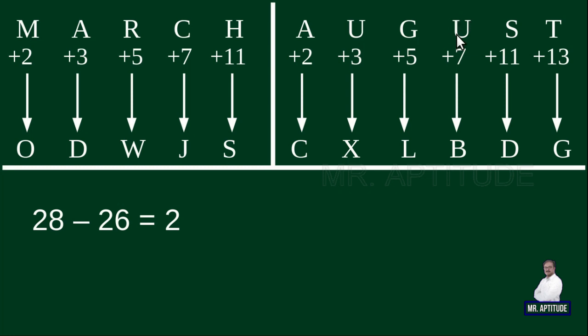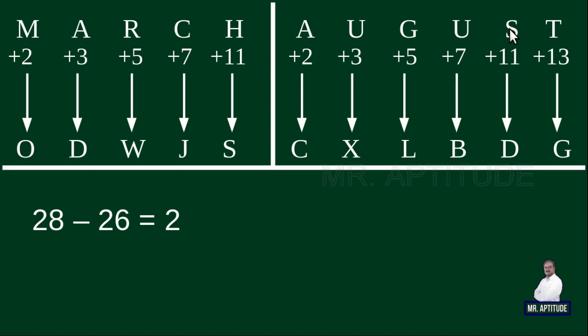I know that U is 21. 21 plus 7 gives you 28. This is the required letter value now. The letter value minus its nearest 26 multiple. So 28 minus 26 gives you 2. So the 28th letter and the second letter in the English alphabet are the same. So instead of 28, let us go with B.